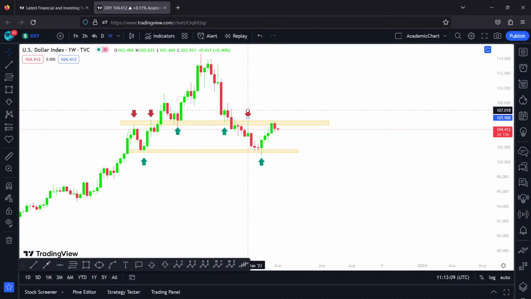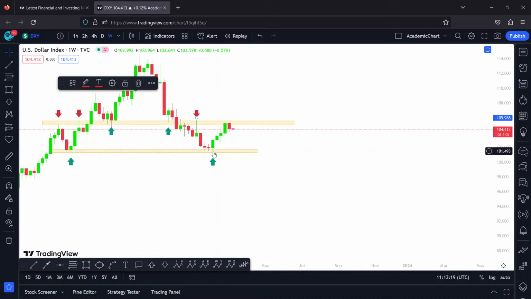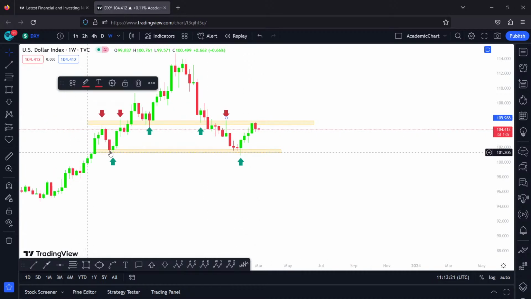Now it came back to its initial role, which was resistance, and now it is again a resistance. Just several weeks ago, it reached the support zone. We had it here, and it bounced up. And again, it seems that we have some sort of reaction here.